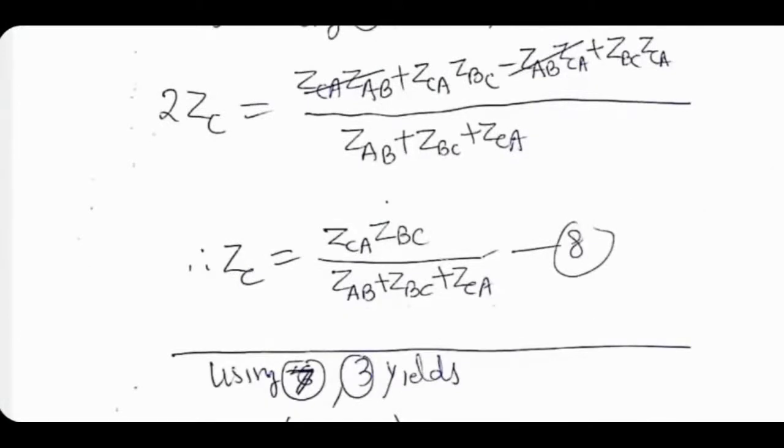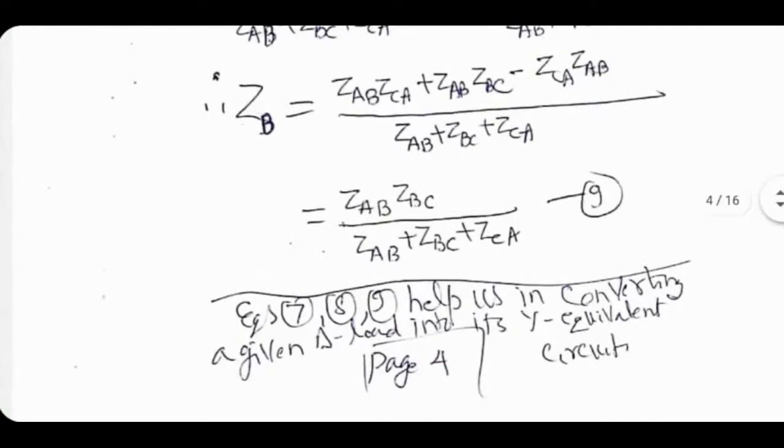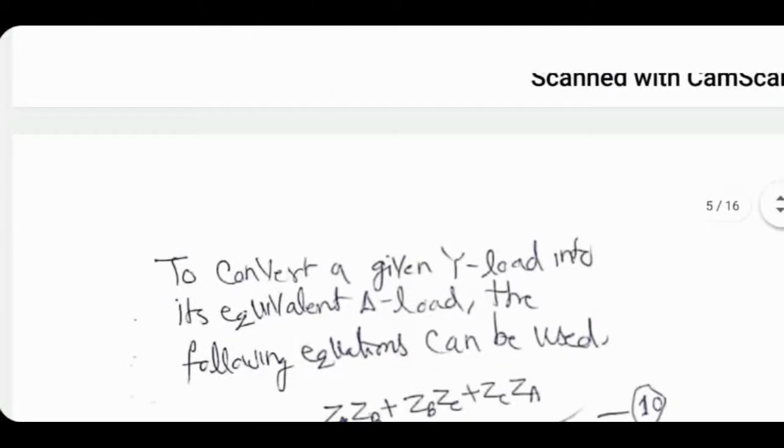ZCA and ZBC, that means C is common when you are looking at ZC. And for ZB, if you look at the numerator, B is common. Denominator is simply the summation of these three impedances in the delta load.